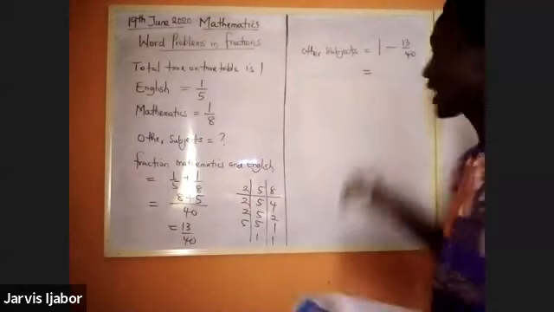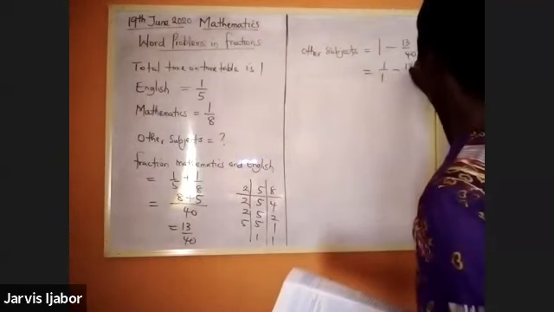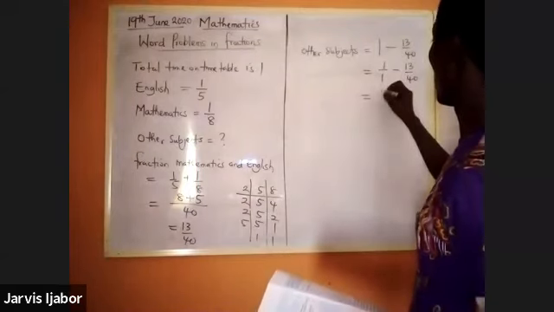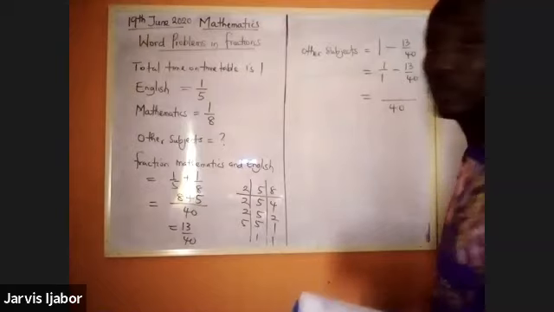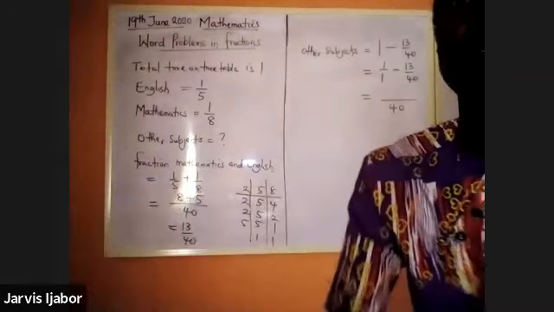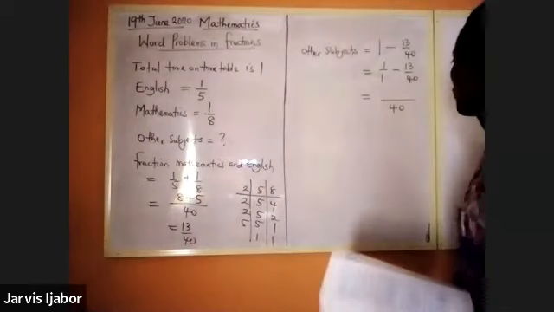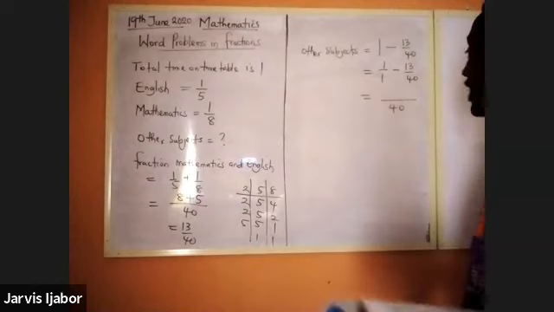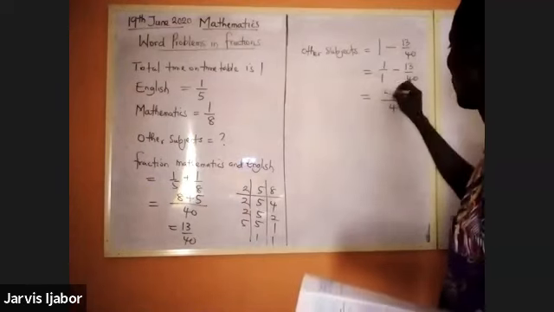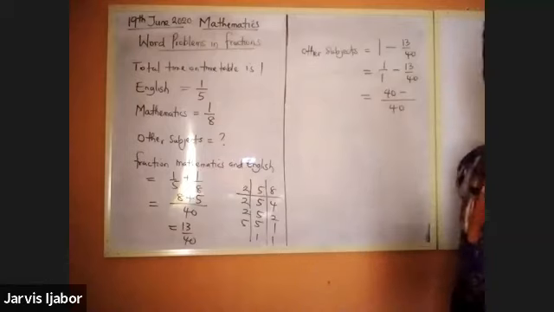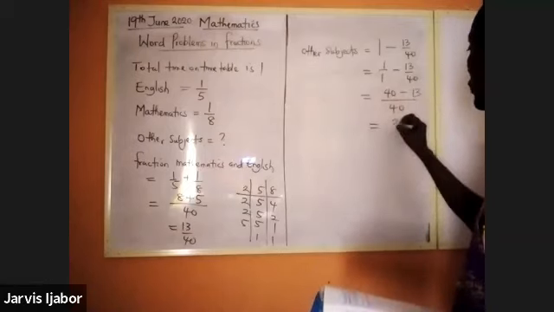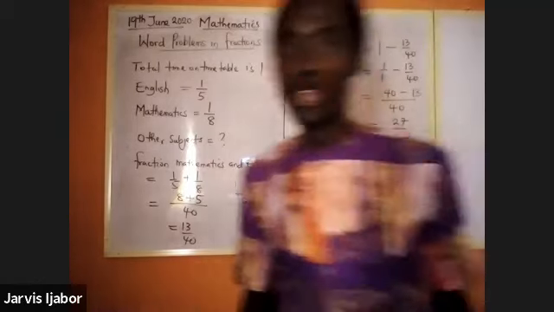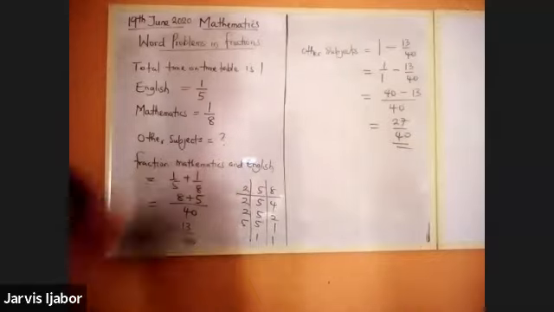That one is essentially 1 over 1 minus 13 over 40, which will now be equal to LCM of 40. 40 divided by 1 is 40 times 1, that is 40 minus 13. That will give you 27. That's what? Over 40. So that's it.